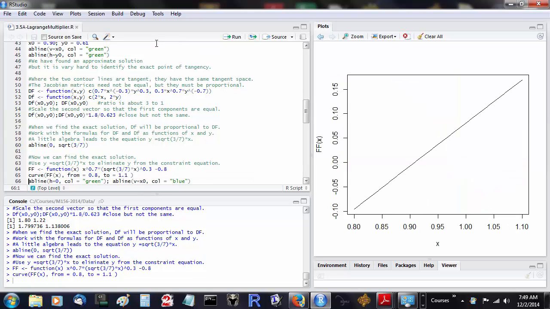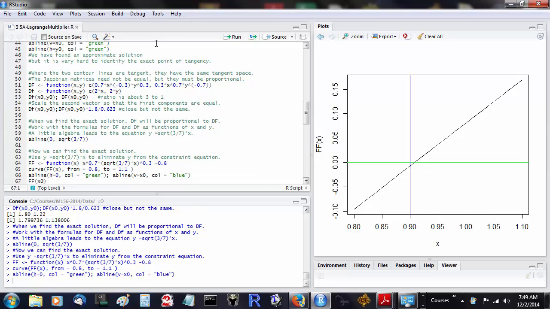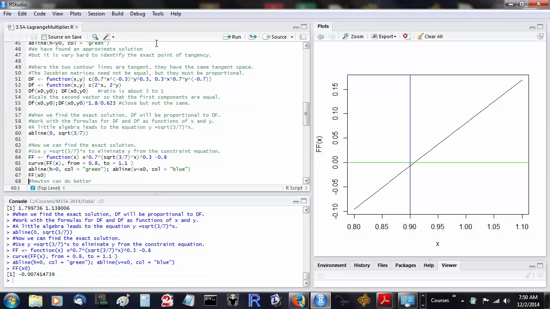And if I plot that, well, the R function is called curve, but over this region, it's very hard to tell the difference between that curve and a straight line, isn't it? Here is our solution. We came fairly close. The value of the constraint came out to be too small by minus 0.0007, but we know how to deal with this.